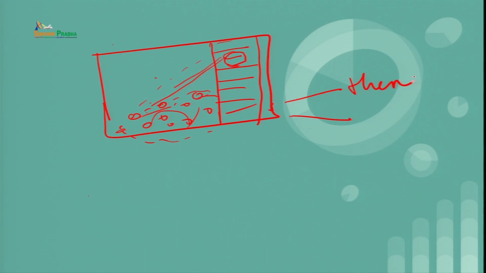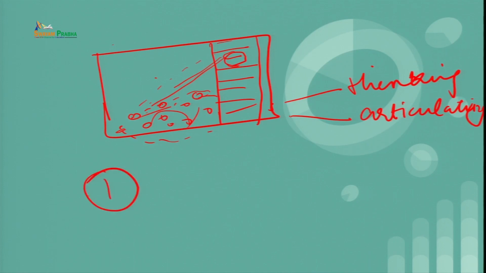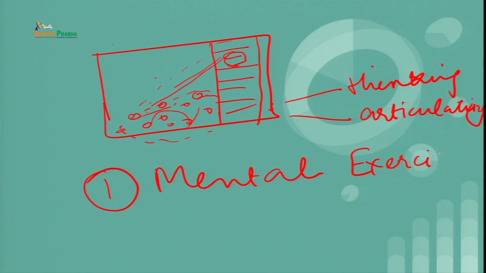So thinking and articulating. In this way there are two important happenings. First, that mental exercise is taking place. So I'm writing here that mental exercise is taking place, and second is that students are finding a way to express their opinions.